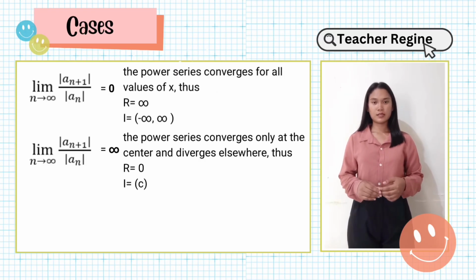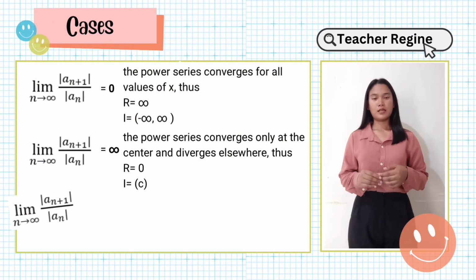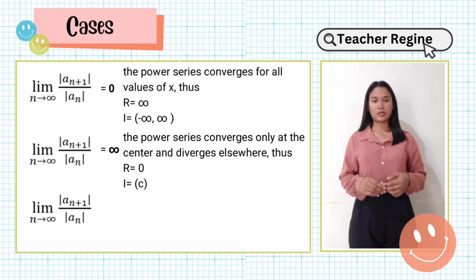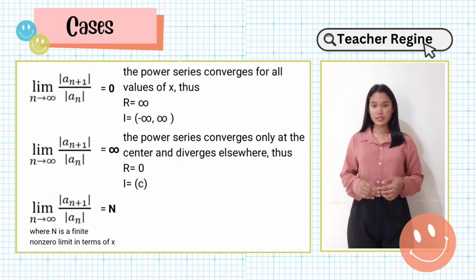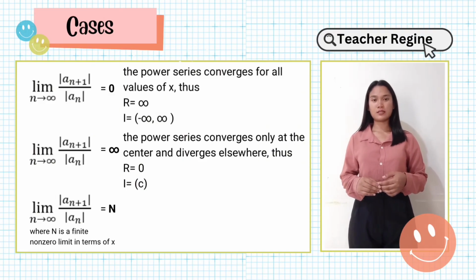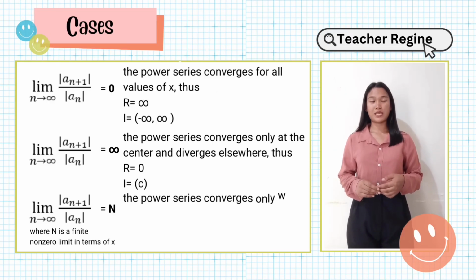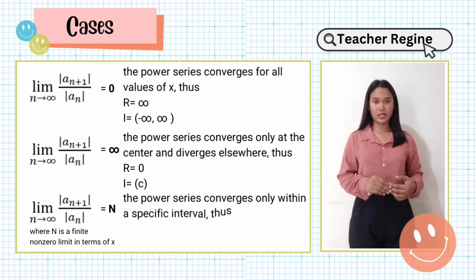Then the last case, case 3. The limit as n goes to infinity of the absolute value of a sub n plus 1 over a sub n is equal to a finite non-zero value. When the ratio test gives a finite non-zero limit in terms of x, the power series converges only within a specific interval.